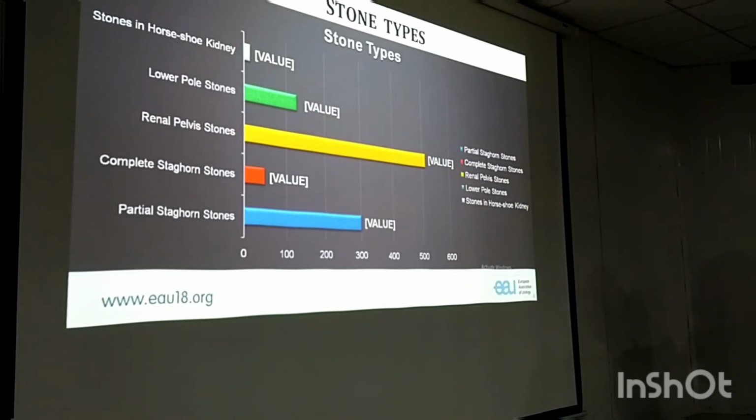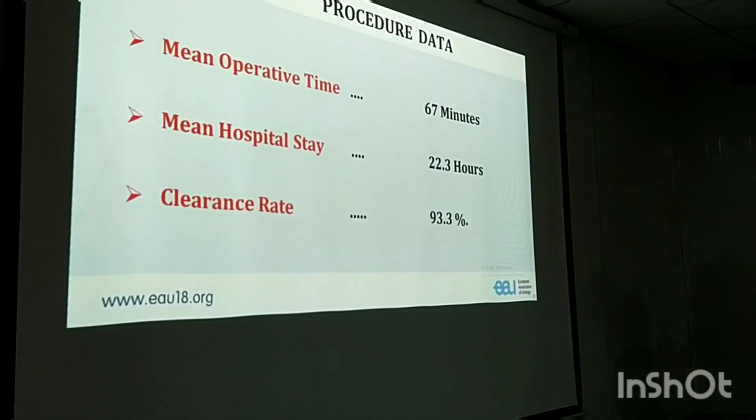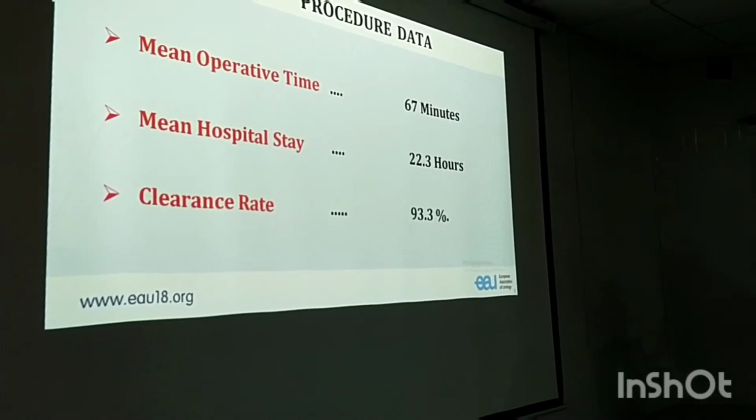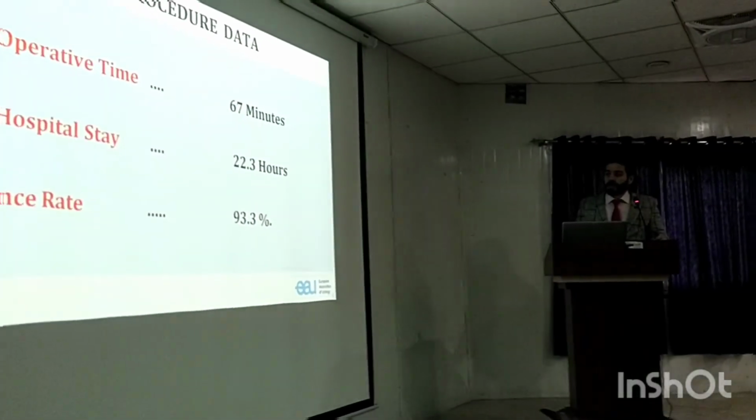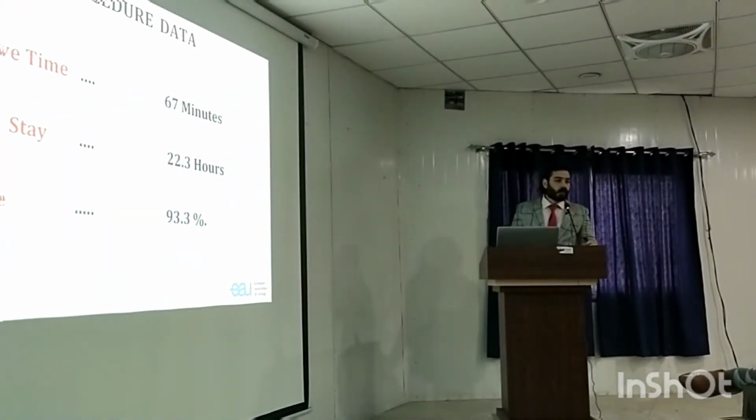Regarding stone types, stones in horseshoe kidney are less likely lower pole stones. The most common location of the stones is the renal pelvis, then partial staghorn stones. Procedure data: mean operative time was 67 minutes, mean hospital stay was 22.3 hours, and overall clearance rate was 93.3%.